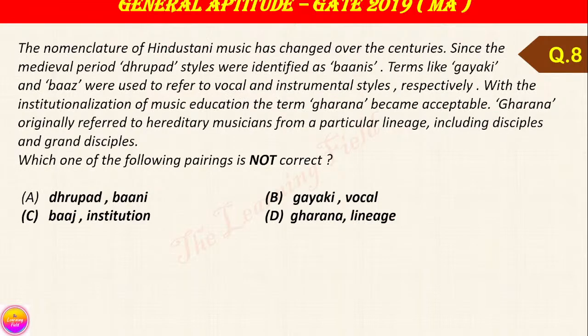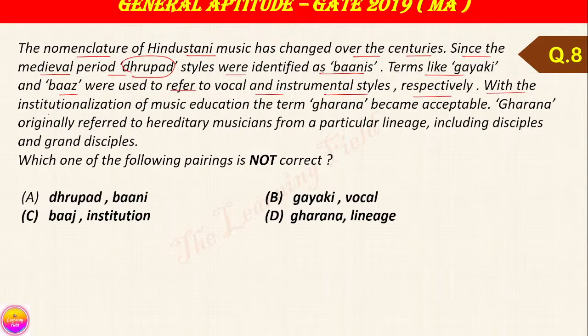The next question is also a question from the English section. The nomenclature of Hindustani music has changed over the centuries. Since the medieval period, Dhrupad styles were identified as banis. Terms like Gayaki and Baj were used to refer to the vocal and instrumental styles respectively.